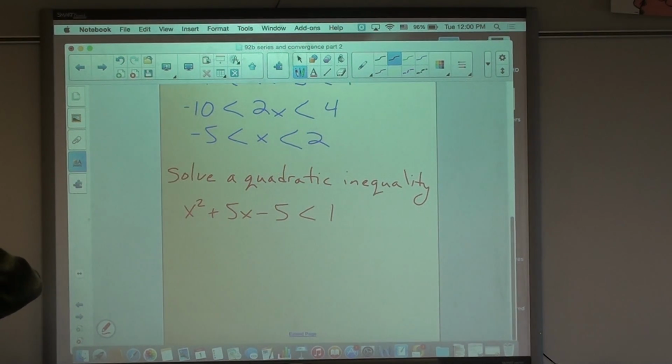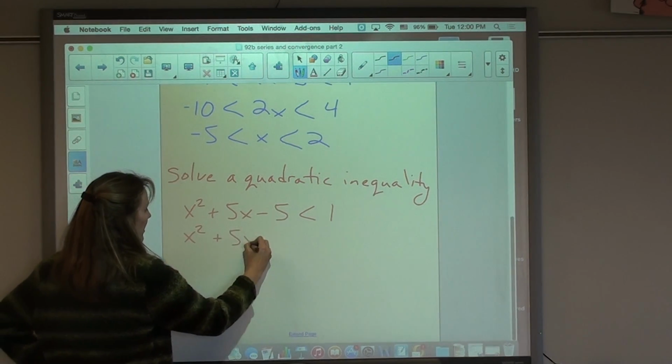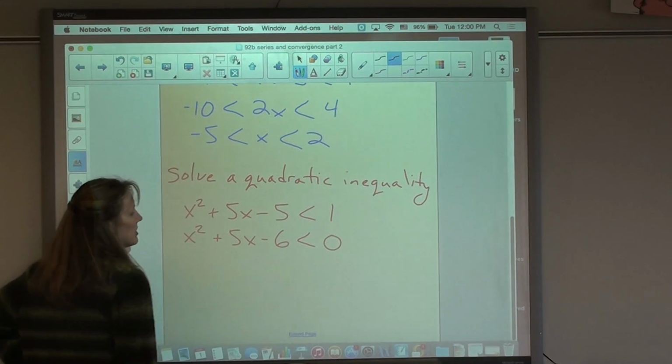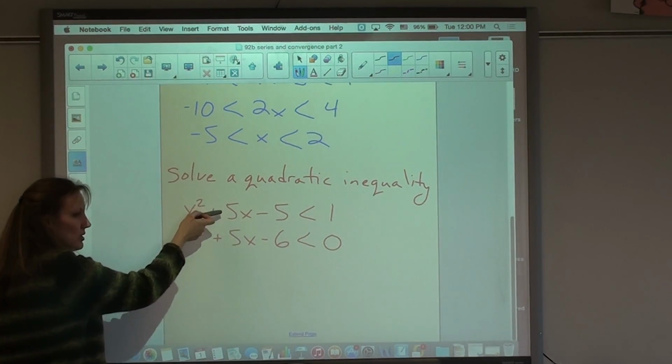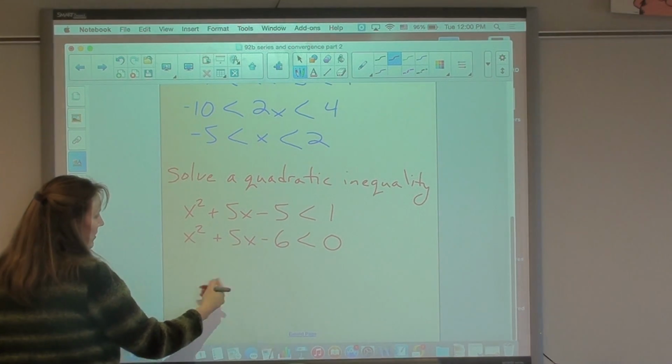The first thing you want to do is set it equal to 0. So x squared plus 5x minus 6 is less than 0. Because if this is true, then this is true, right? They're equivalent.